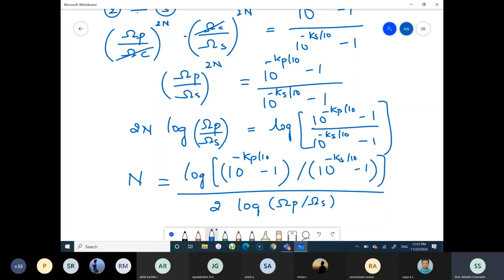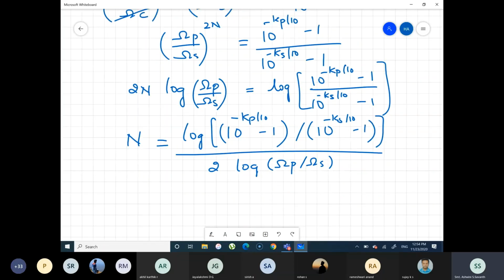The minus 3 dB frequency is the cutoff frequency. Your Kp and Ks values will be negative actually because the magnitudes are less than 1. We'll see that when we solve a problem.